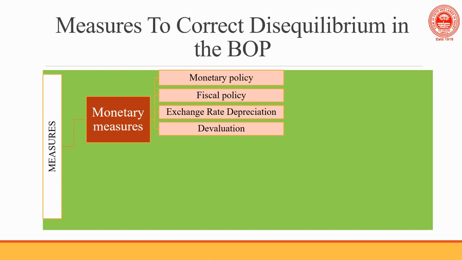The fifth monetary measure that can be adopted for correcting the disequilibrium in the balance of payment could be deflation. Talking about deflation, deflation is the reduction in the quantity of money to reduce the prices and incomes.